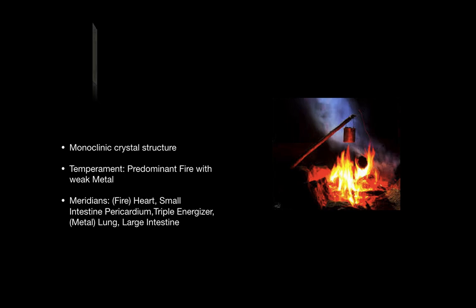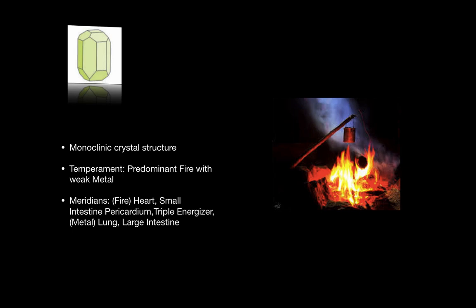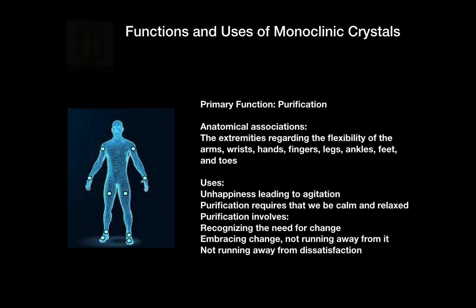Well, malachite has a monoclinic crystal structure and an affinity for a rare temperament, which is predominant fire with weak metal. Monoclinic crystals are beneficial for purification. Purification often requires that we remain calm and relaxed, and monoclinic crystals help us do that.